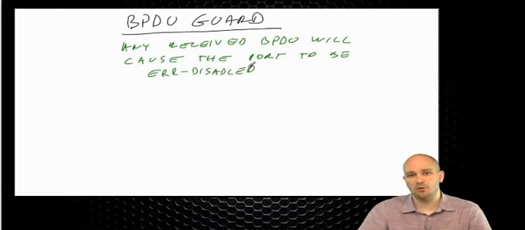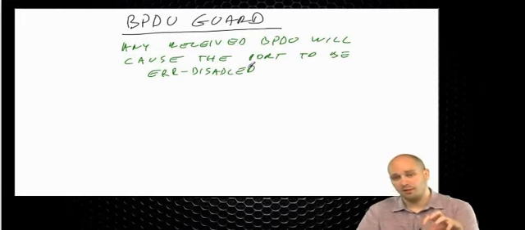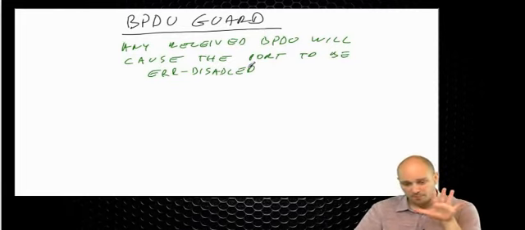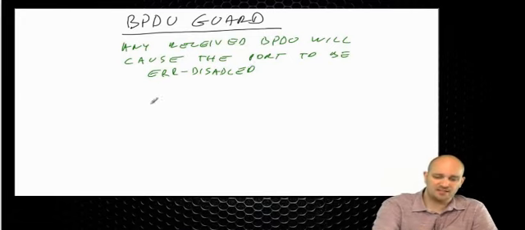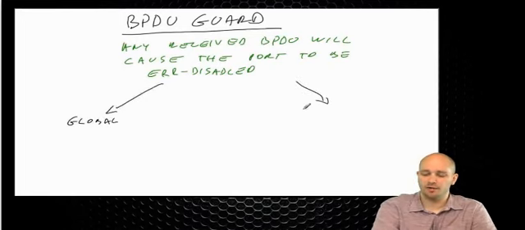So this is what BPDU guard does. When you enable BPDU guard on a certain port, any incoming BPDU will cause this port to go into the error disabled state. Just like with PortFast, there are two ways of configuring this feature. One is global, and the other one is per interface.